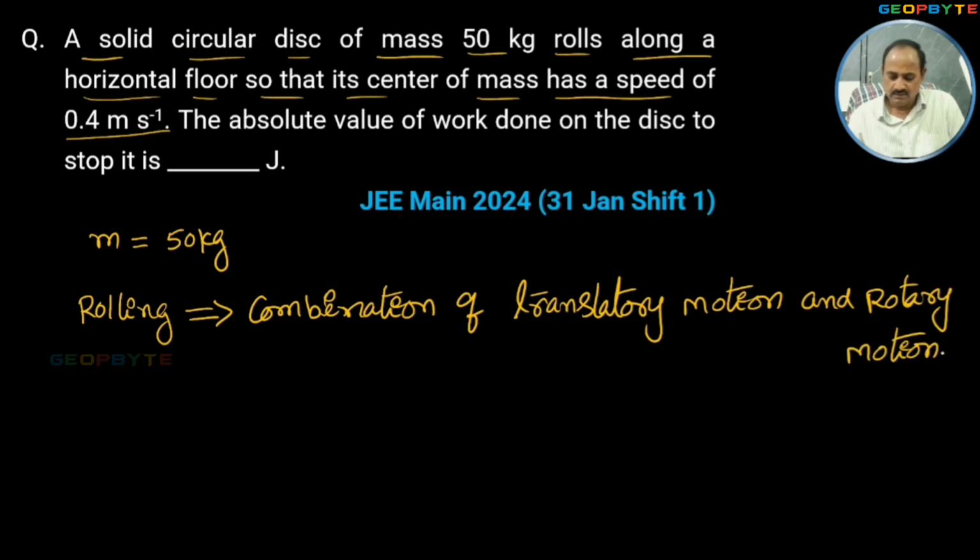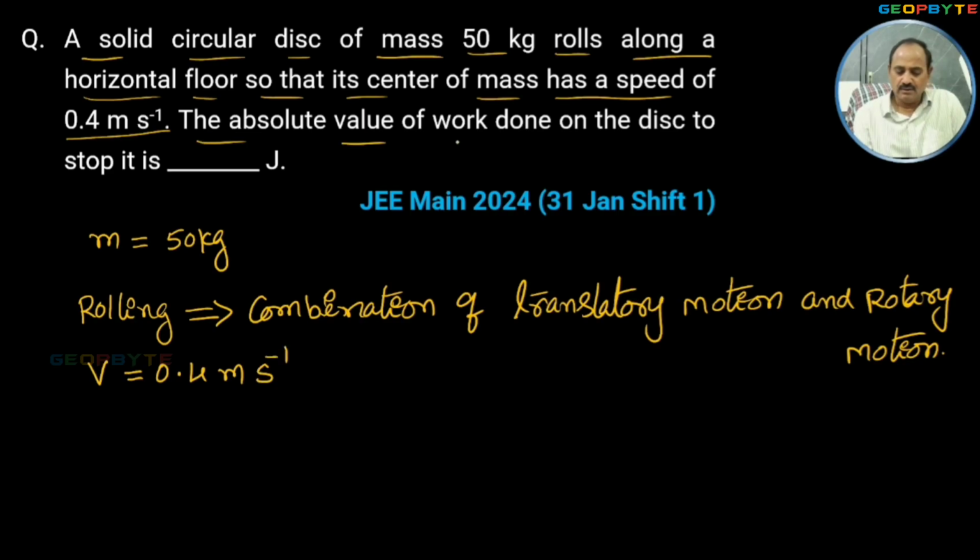Remember this point. This point we have already clearly discussed. Anyhow, the given problem is for rolling motion and its mass center is moving. The speed of the mass center v is given 0.4 meter second power minus 1.